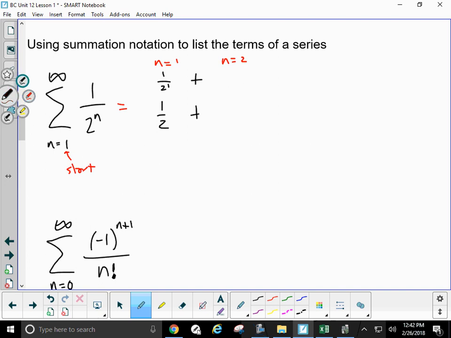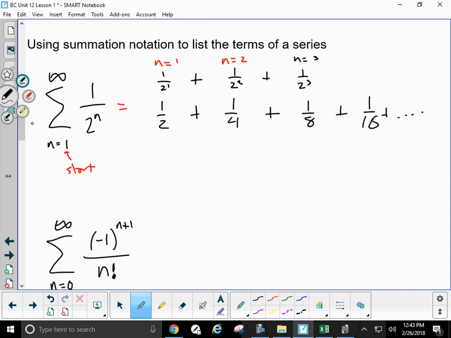Plug in 2 for n, and so on and so forth. Goes on forever and ever and ever.